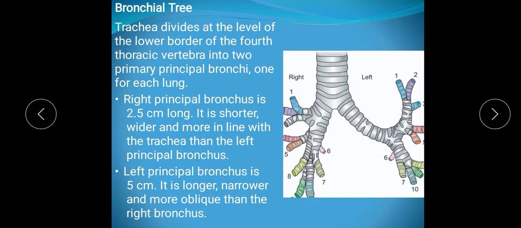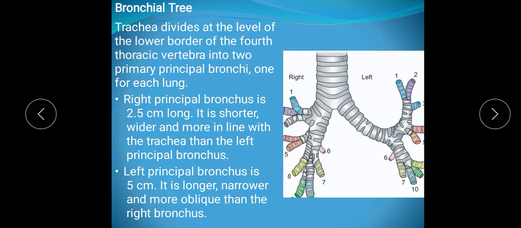Then the bronchial tree. The trachea divides at the lower border of the fourth thoracic vertebra into right and left principal bronchi, one for each lung. The right principal bronchus is 2.5 centimeters long, shorter and wider and more in line with the trachea than the left principal bronchus.